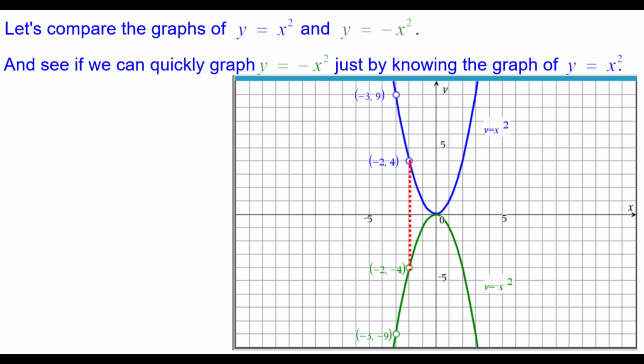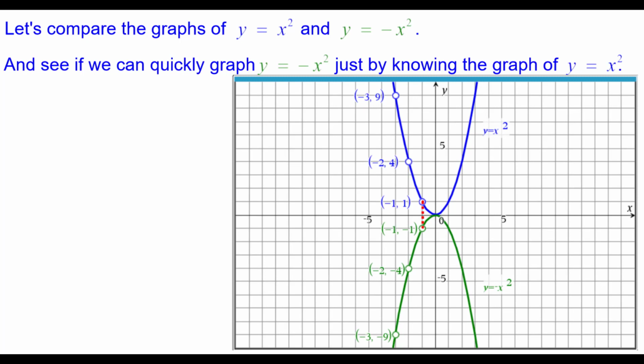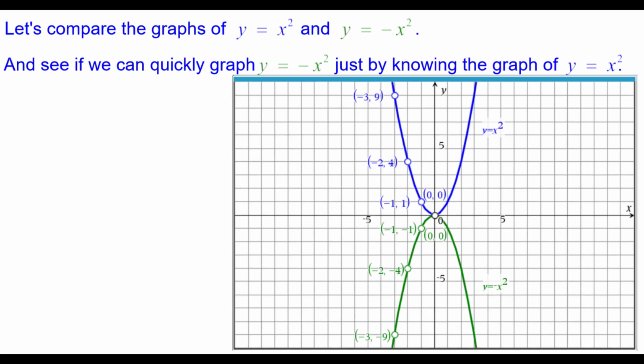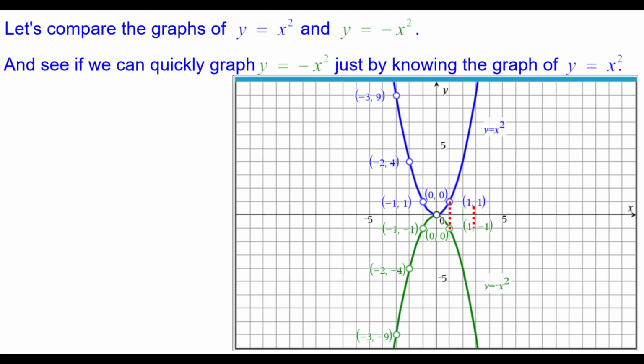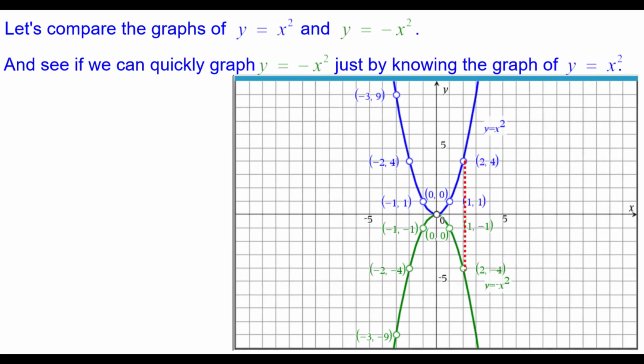Then I'm going to look at these 2 points and those coordinates, and these 2 points and these coordinates. You can pause the video at any time if I'm going too fast. I'm looking at points and their coordinates, and hopefully you're seeing patterns here.